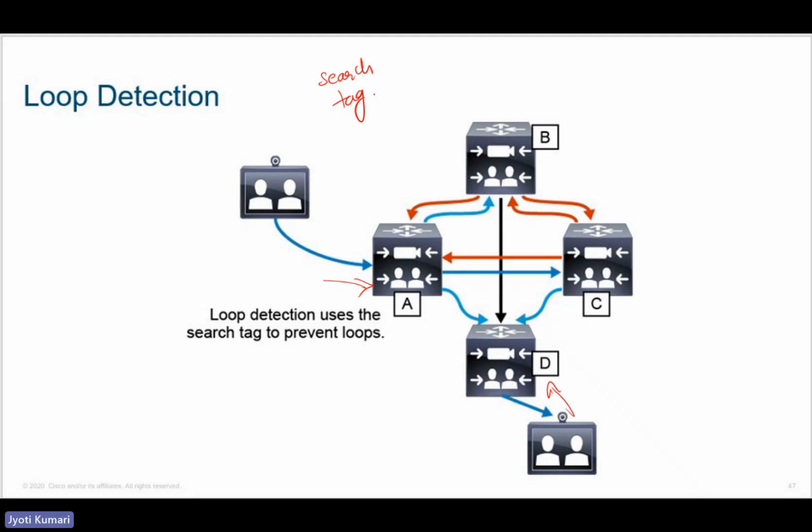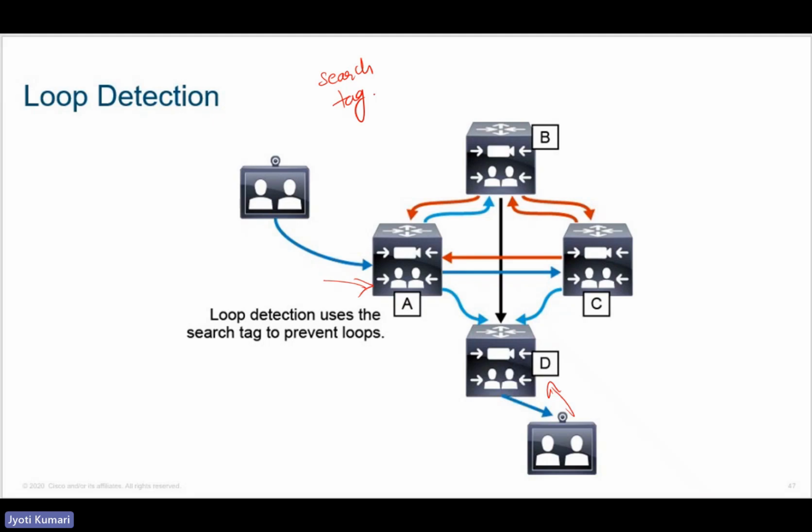So here we were discussing loop prevention. To prevent the loop, a search tag is used. The search tag is used on a call to identify repeated requests for the same call. It is created on the originating Expressway itself, from where it starts the search request, and it is then passed with the search request to the other Expressways.